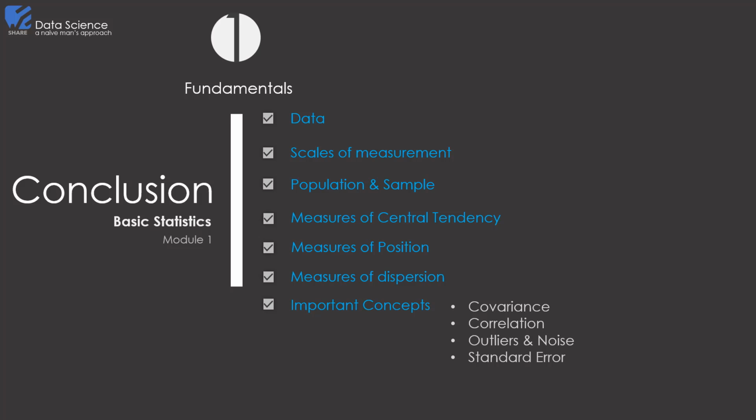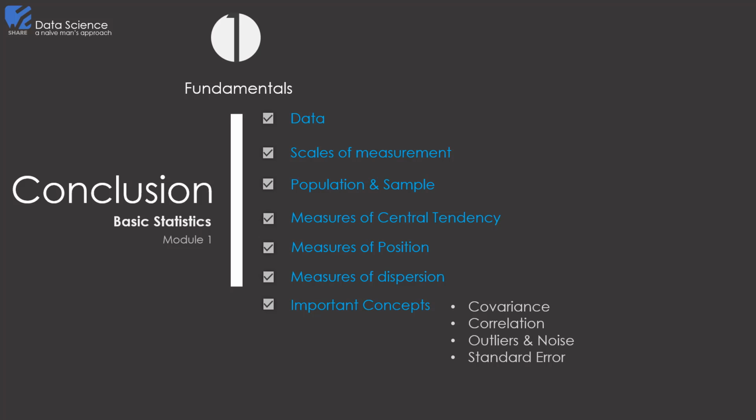Now that will be all from fundamentals of statistics. So let's quickly see what we have covered so far. Well, we learnt about data, and in data we learnt about variables and their types, different types of data. We also saw what big data is, and then we moved on to scales of measurement, where we saw different scales of measurement: nominal, ordinal, interval and ratio. And then we saw the definition of population and sample.